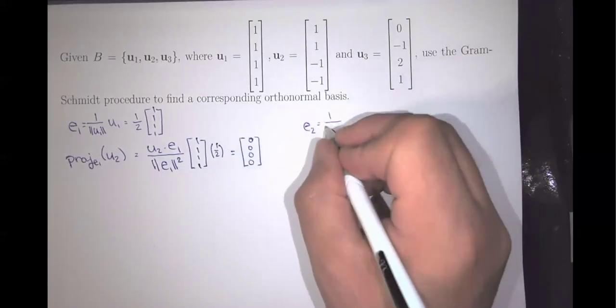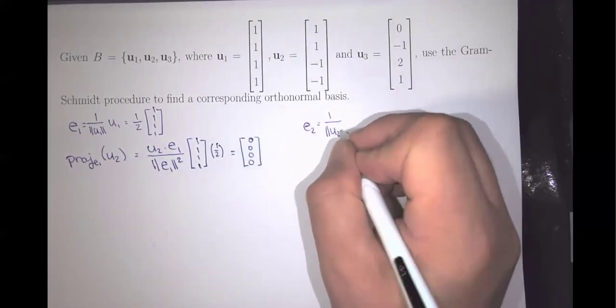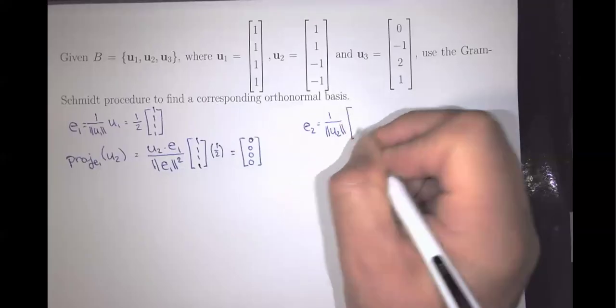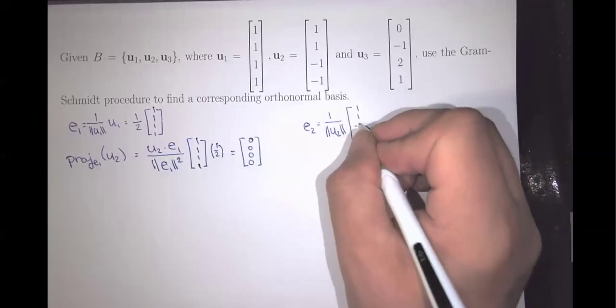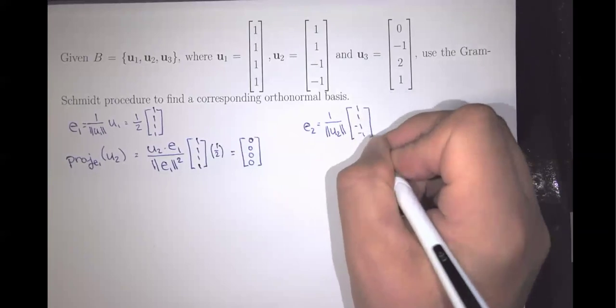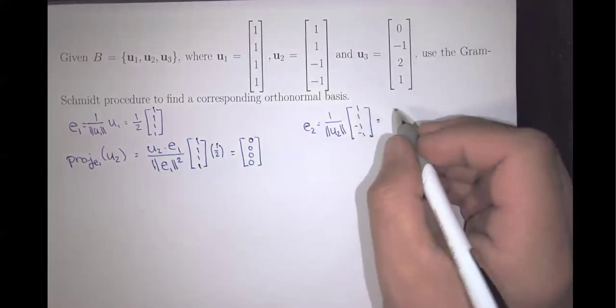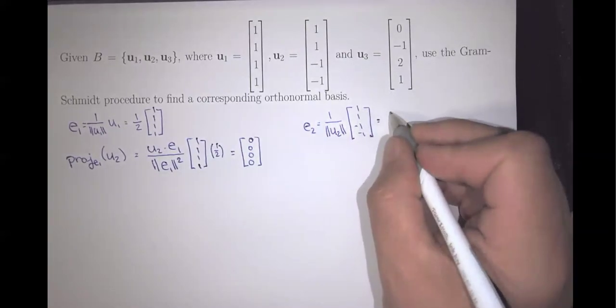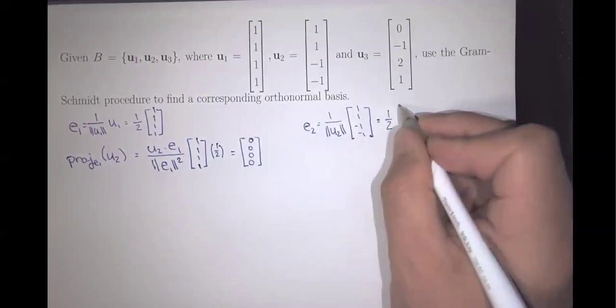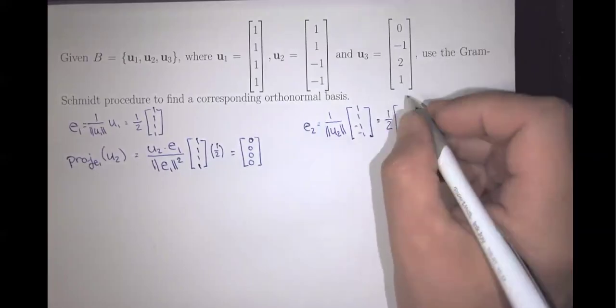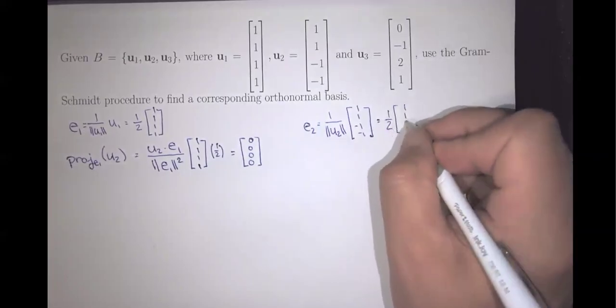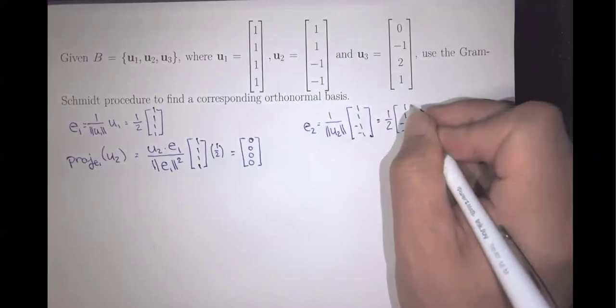So 1 over length of U2 times 1, 1, minus 1, minus 1. The length of this guy is root 4 or 2. So we have a half times 1, 1, minus 1, minus 1.